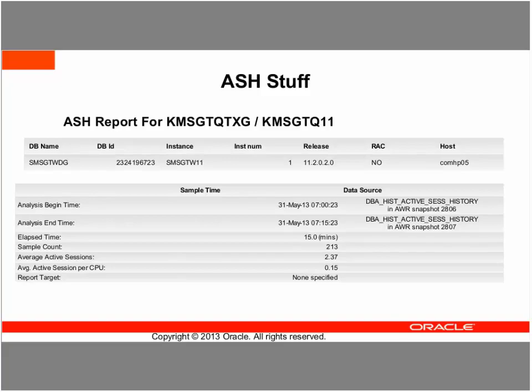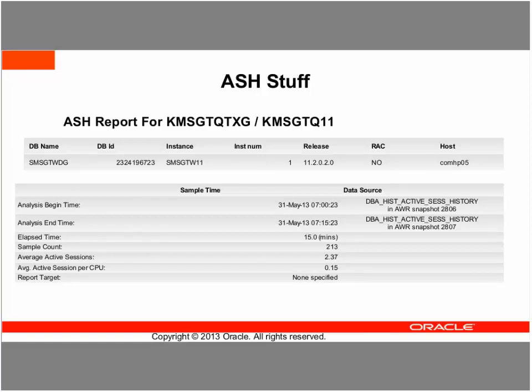Okay, same header information more or less. We see our instance at 11:02. We show our sample time. This is 15 minutes. We show average active sessions, that means sessions busy in the database on average during that period, and then average per CPU. Maybe one of my colleagues on the panel will disagree, but I think this is probably misstated, because CPU count is also misstated here.